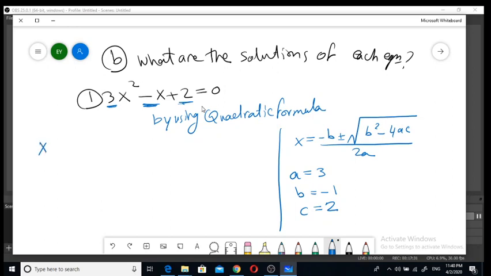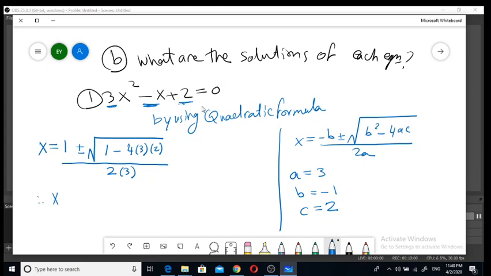Then we can apply the quadratic formula. X is equal to negative b, negative times negative 1 will be 1, plus or minus square root of b squared, negative 1 squared 1, minus 4 times a, which is 3, and c we can replace it by 2, over 2 times 3, 2 times a.